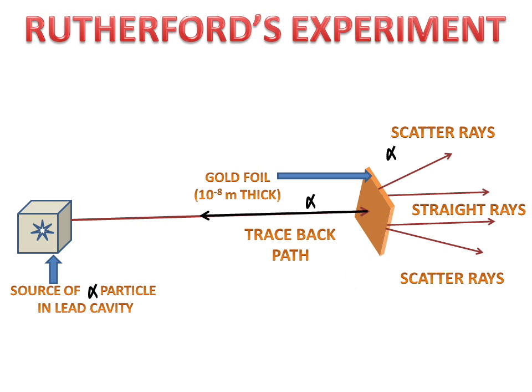Now the conclusion is that there is a nucleus inside the gold foil, on which when an alpha particle strikes, it will trace the same backward path. The rays which go straight are far away from this nucleus, so this is the reason for the straight path of these rays.